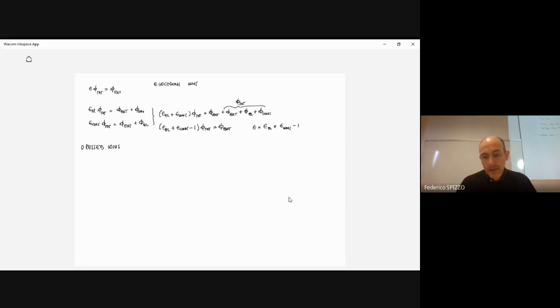Dressed ions means the ion, so nucleus plus rigidly bound electrons, plus the conduction electrons that interact with that ion. So during its motion, the ion changes its position, and as the position of the ion changes, the electronic cloud that is close to that ion changes configuration, so as to take into account the actual position of that ion.